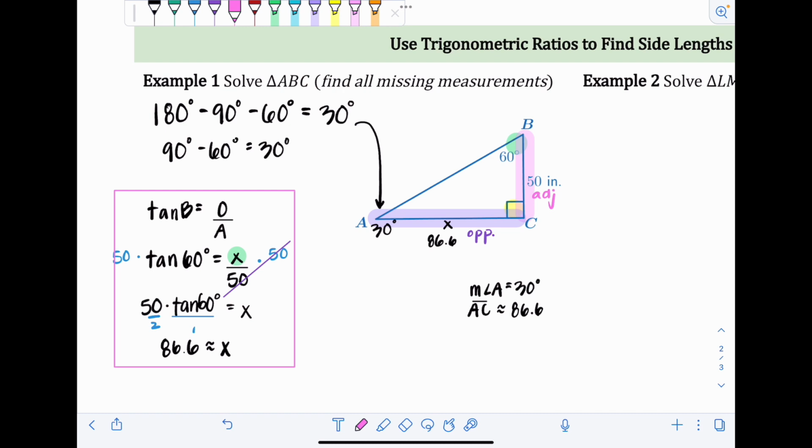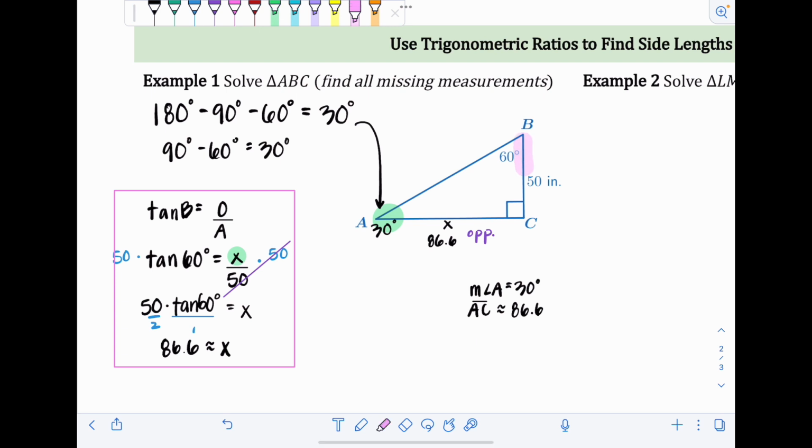Okay, so like I said before, it doesn't matter which angle you pick. You just have to focus in on an angle. So this time, just to show that, I'm going to focus in on the 30-degree angle. And like we talked about before, you have to pick out what you know and what you want to know. So I know two sides now. I know the 86.6 and I know the 50.